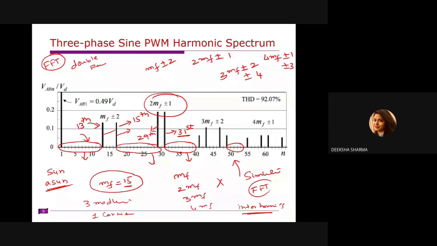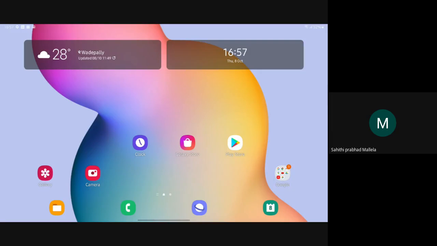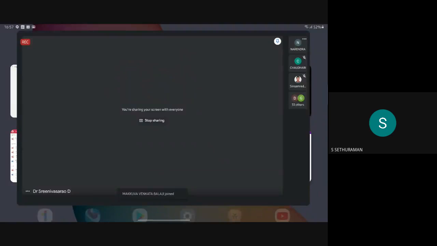Okay, so in case of this three phase, should MF be even or odd? Divisible by 3.